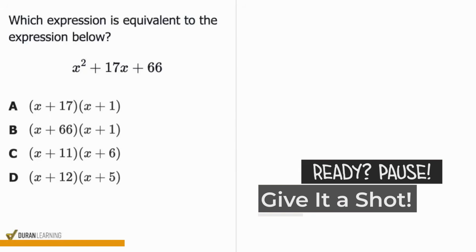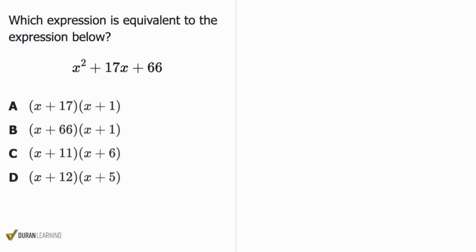All right, so trying this problem out, we're looking at this one and it says, which expression is equivalent to x squared plus 17x plus 66? So everybody, it's clear here. We have this trinomial, 1, 2, 3 terms with a polynomial. So again, that is a trinomial and we are going to factor this.